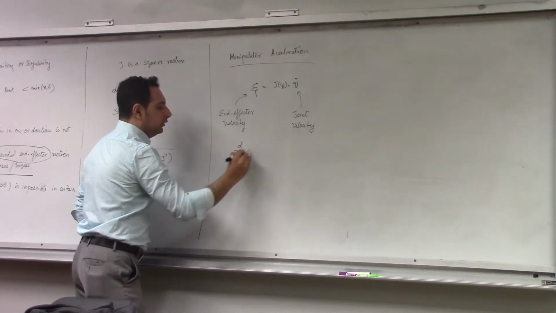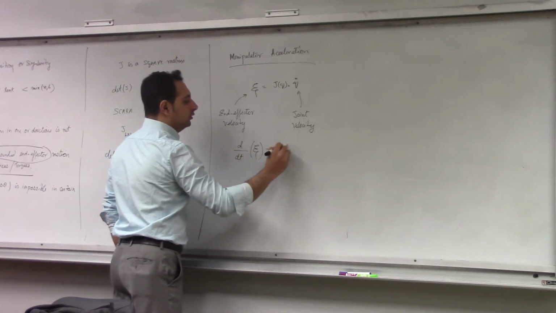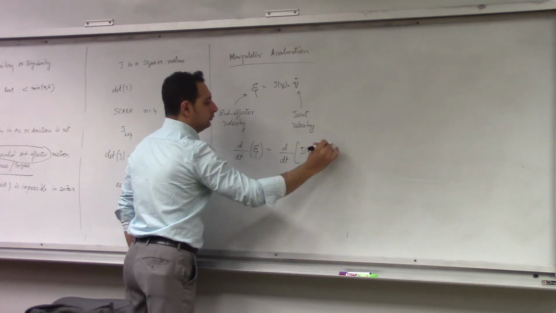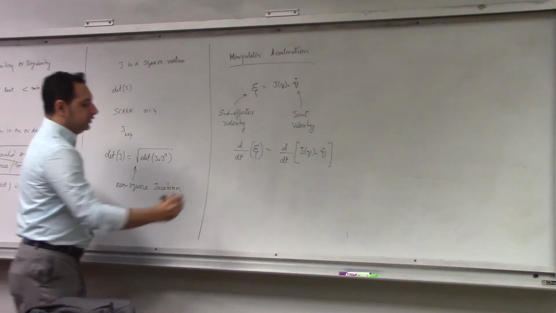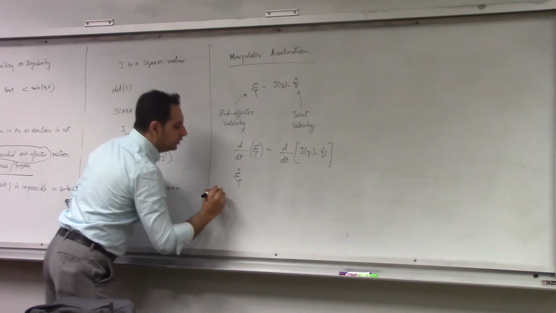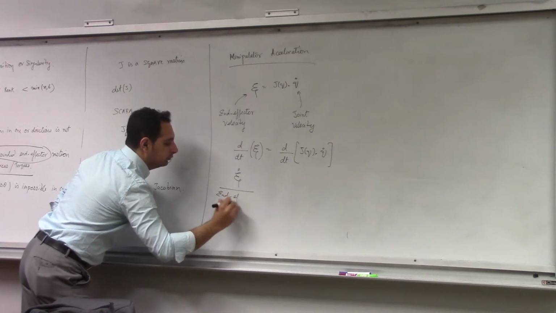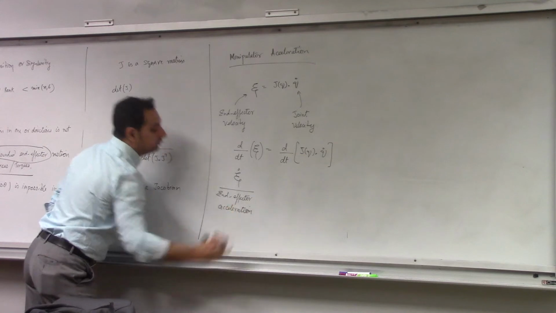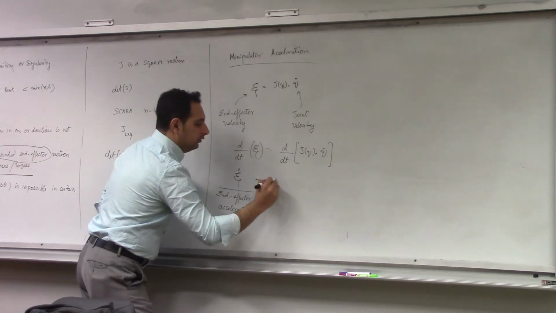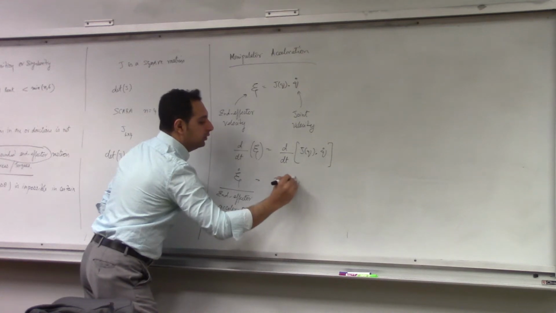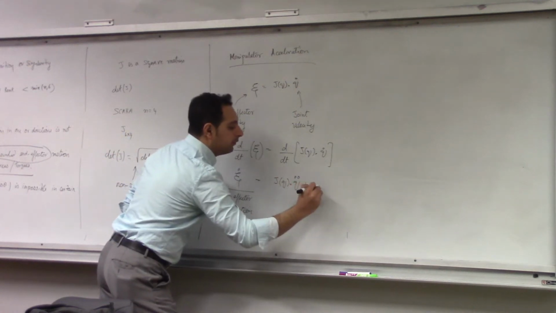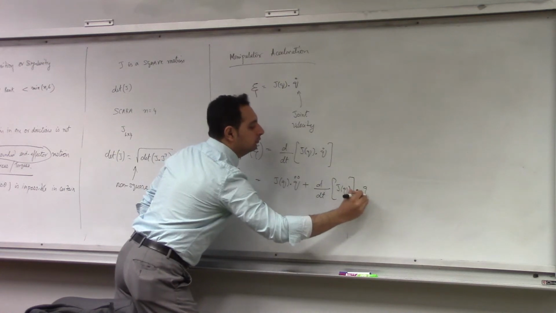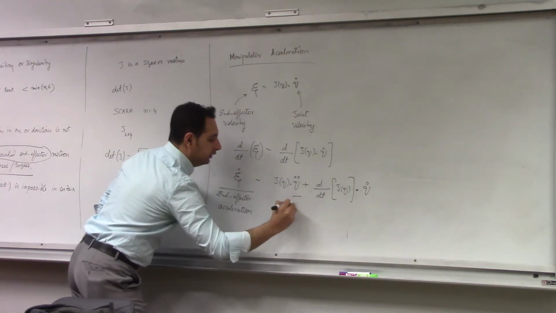So d/dt of eta will be equal to, eta double dot, which is your end effector acceleration, will be equal to J of q times q double dot plus dJ/dt times q dot, where q double dot is your joint acceleration.